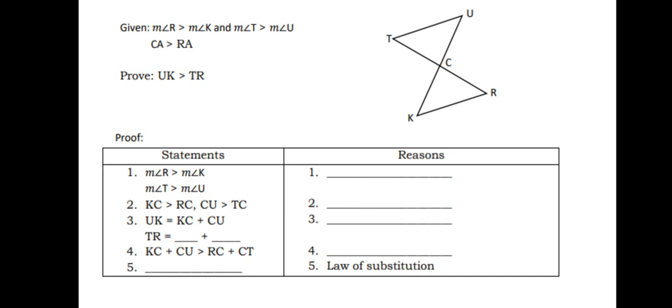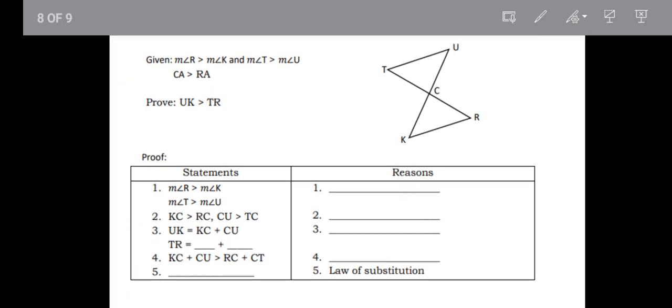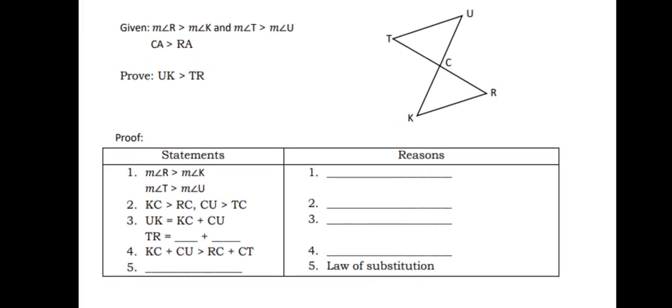So this will be your activity for today. Number 1, these are the given. Angle R is greater than angle K. Then angle T is greater than angle U. This one is a typo error.